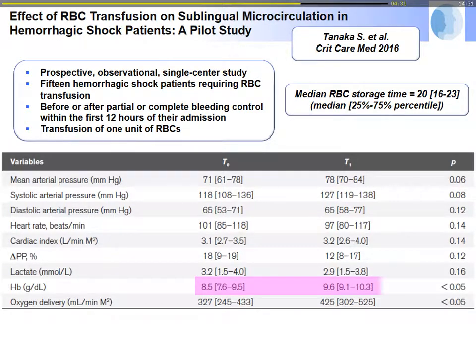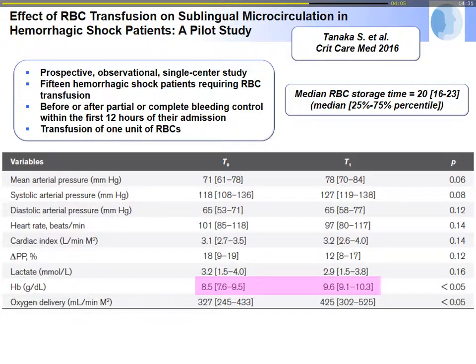So another important point in my mind is that sometimes it's very difficult to know what is the good hemoglobin target when we give red blood cells to our patient, and especially to know if we give enough red blood cells to have a good microvascular circulation.